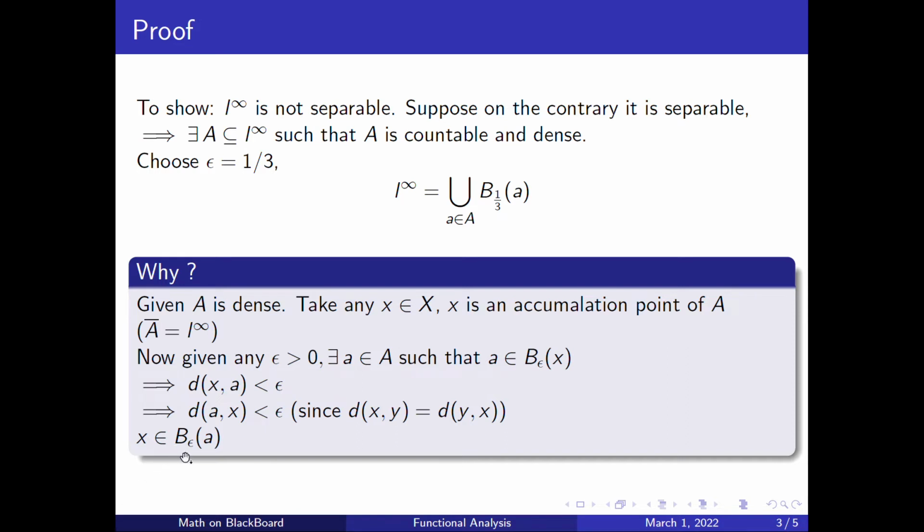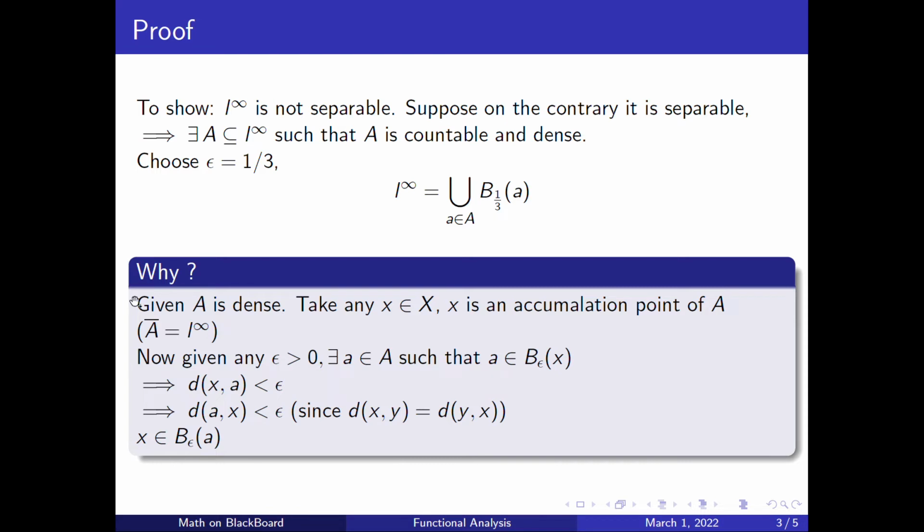So what we essentially showed is that given A is dense, for any point X in capital X, you can always find a point a in capital A such that, irrespective of epsilon, X is contained in an open ball around a point a in capital A. So if I take all such balls, for every point small a in capital A, the open balls of some epsilon radius, then every X in capital X should belong to one of these.